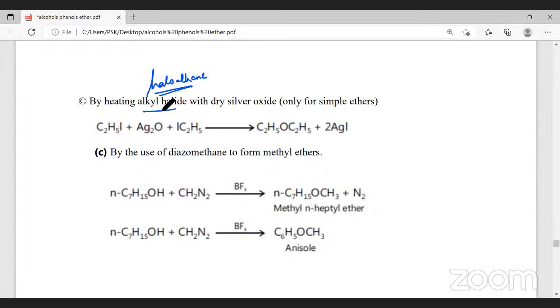When alkyl halides are heated with dry silver oxide, ethyl iodide they have taken. We will also take the same thing, ethyl iodide. When this is heated with dry silver oxide, it should not be moist. If it has traces of water also, hydrolysis will take place. Therefore, silver oxide should be dry.